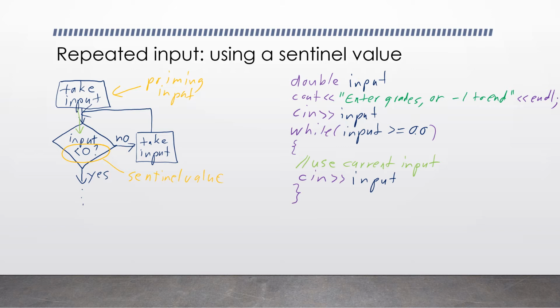Okay. Using the current input might be echoing it back to the screen. It might be adding it to an array or vector or list of values. It might be adding it to a sum that we're going to then divide by the number of entries to get an average. We'll talk about that in a future slide.